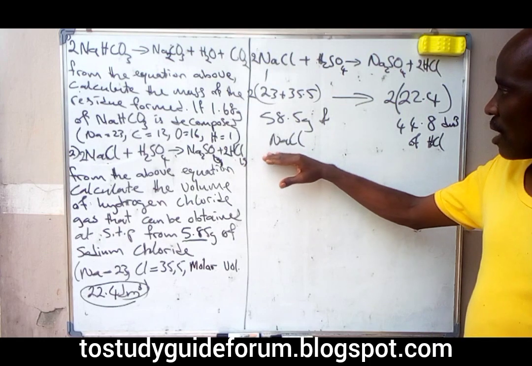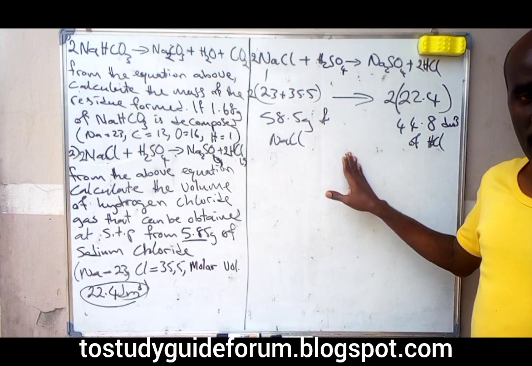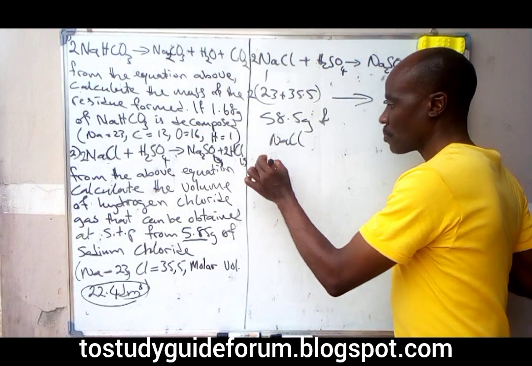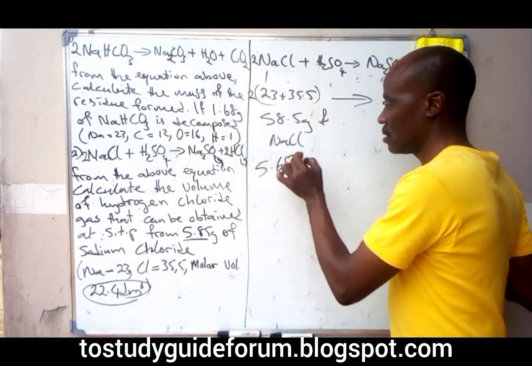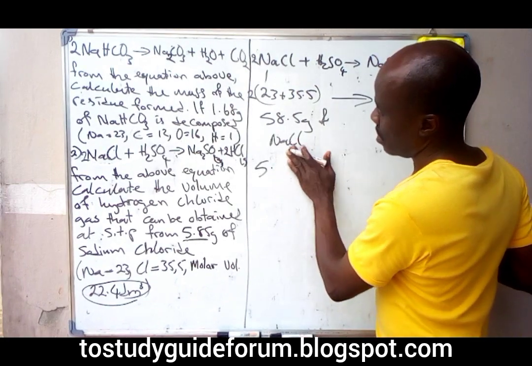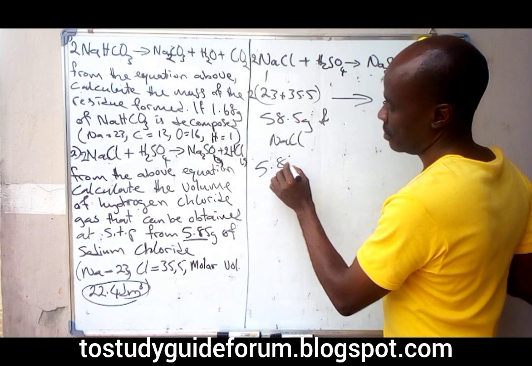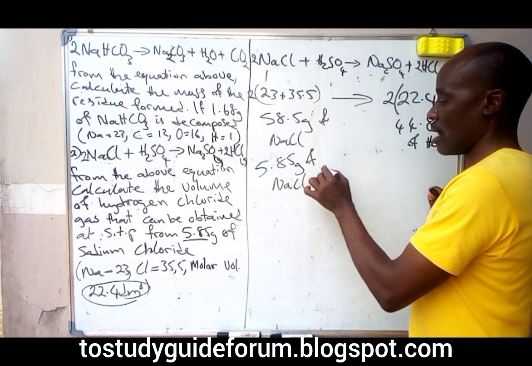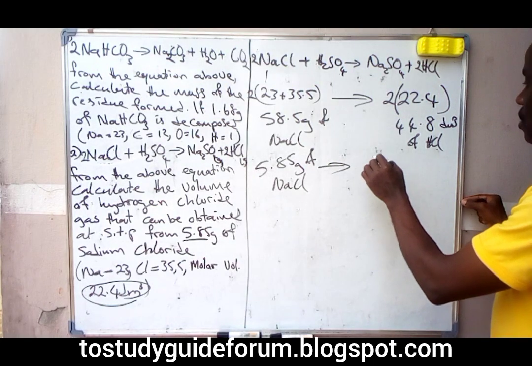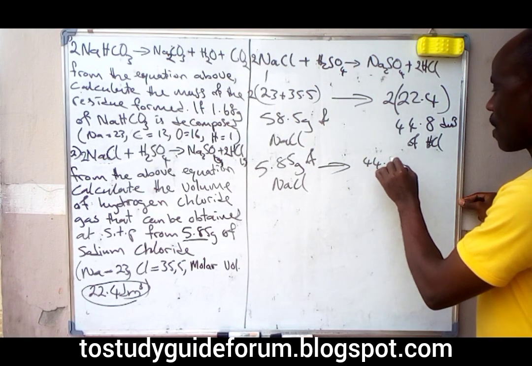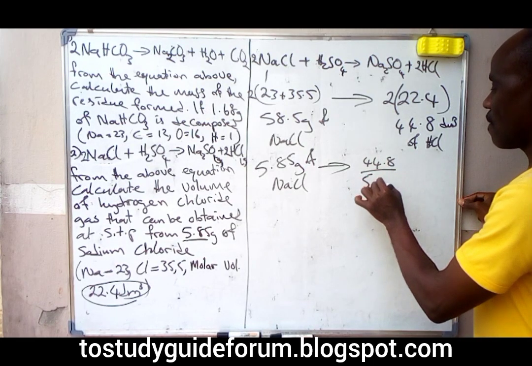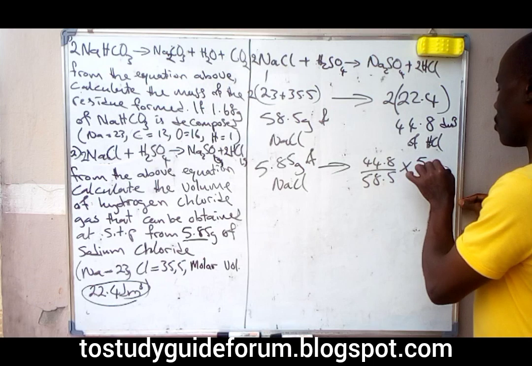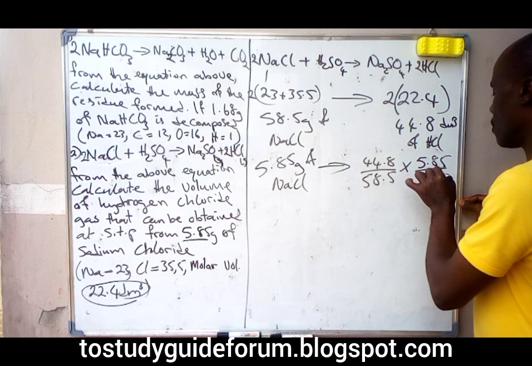So since we know that 58.5 grams of sodium chloride will give us 44.8 dm cube of hydrogen chloride, then 5.85 grams of sodium chloride will give us 44.8 over 58.5 times 5.85 over 1.